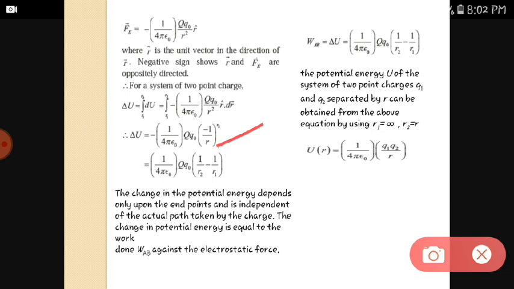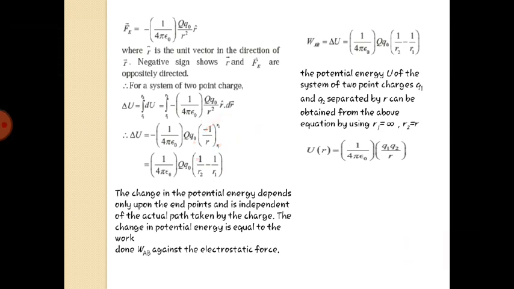R raised to minus 1 can be written as 1 by r, and the negative sign comes to the numerator. So minus 1 by 4 pi epsilon 0, q0 stays as it is, and the integration of this term is minus 1 by r, from the limit r1 to r2. Now we put in the limits: upper limit minus lower limit.